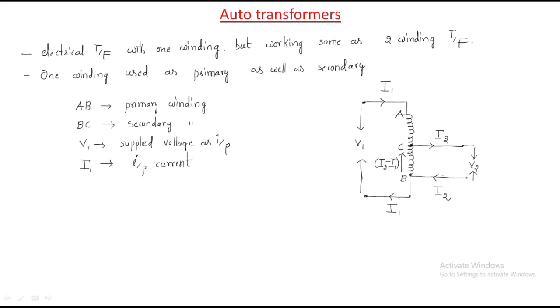V2 is the load voltage, and I2 is the load current. V1 is the input voltage for this transformer and I1 is the input current. The input voltage and input current both travel into this winding, and the output is taken from the BC winding, that is V2, and the current is I2.